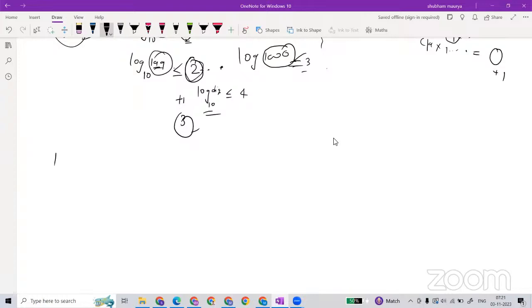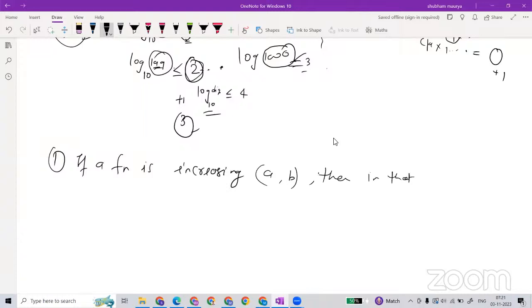If a function is increasing in some interval, say a to b, then in that interval it is one-one.